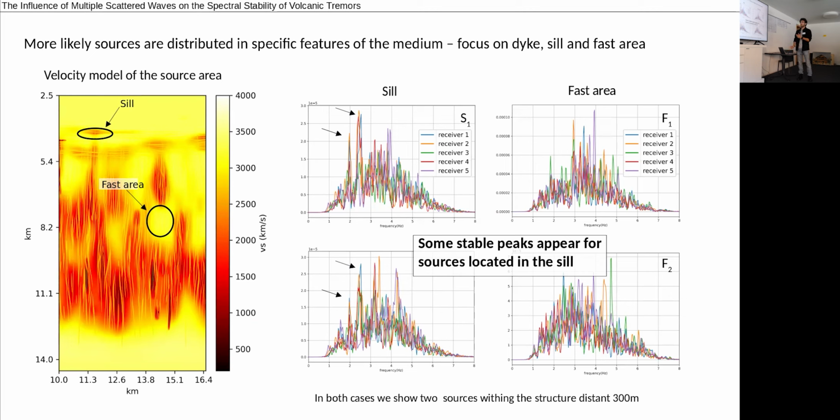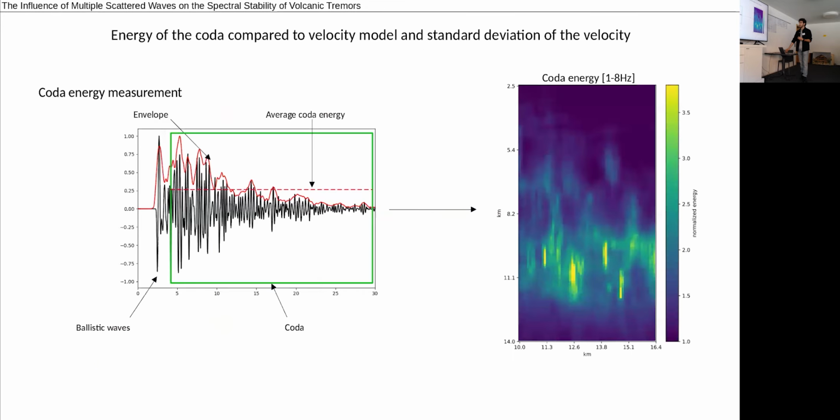But what we would like also to investigate is a larger area, if an even larger area could trigger some sort of resonance. So what we wanted to do is to understand how the energy of the scattering changes depending on the sources that we are considering. So we consider all the signal retrieved at the 5 receivers and all the sources, and then we compute the energy of the coda in the wide frequency range between 1 and 8 Hertz, and then we average it.